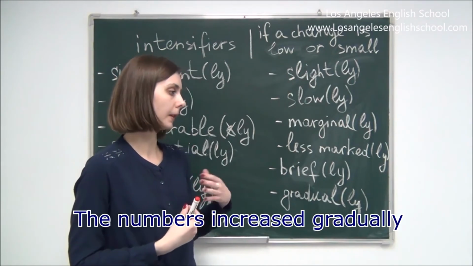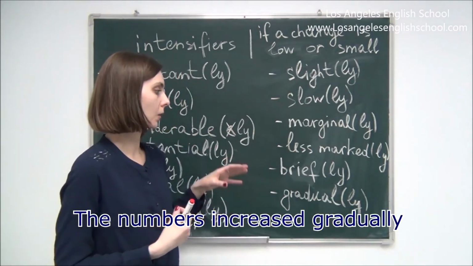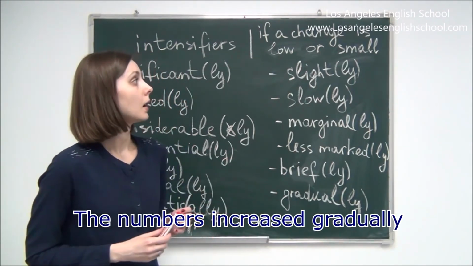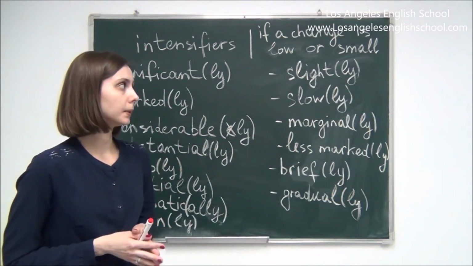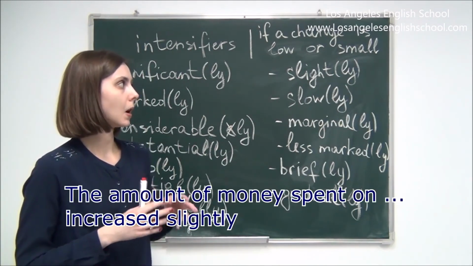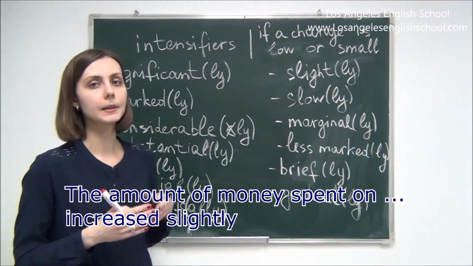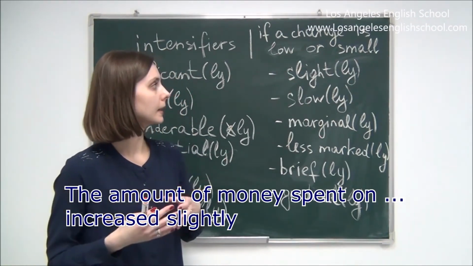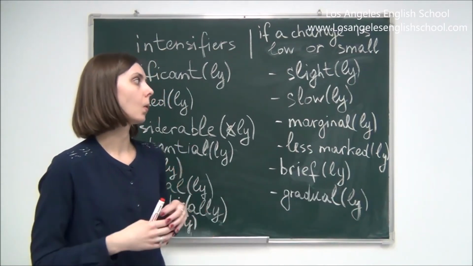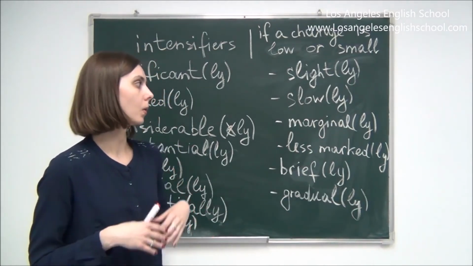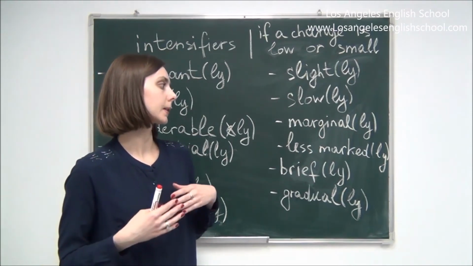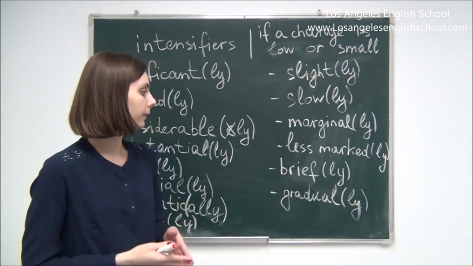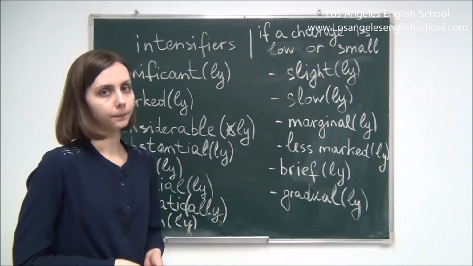For example, the numbers increased gradually. So you can say, for example, the amount of money spent on this sphere increased slightly, or slowly, or marginally, or less markedly, or briefly, or gradually.